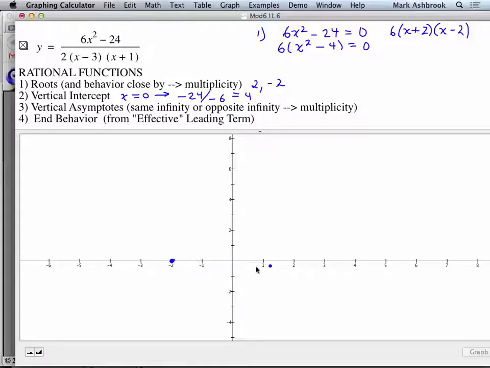All right, so I'm going to start graphing these. Negative 2 and 2 are our roots. 4 was our y-intercept. Okay? Vertical asymptotes. Christina, did you get the vertical asymptotes? x equals 3, x equals negative 1.